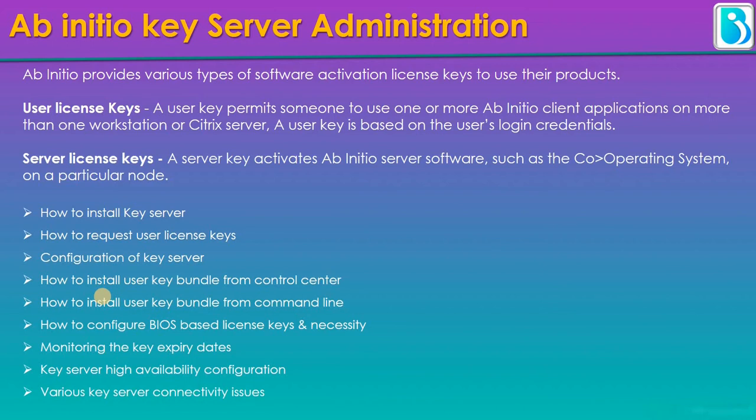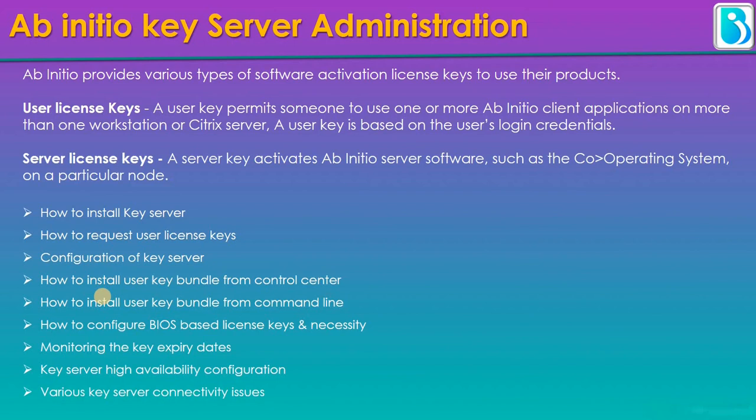Ab initio key server administration. Ab initio provides various types of software activation license keys to use their products. There are two types of ab initio server keys: user license keys and server license keys.